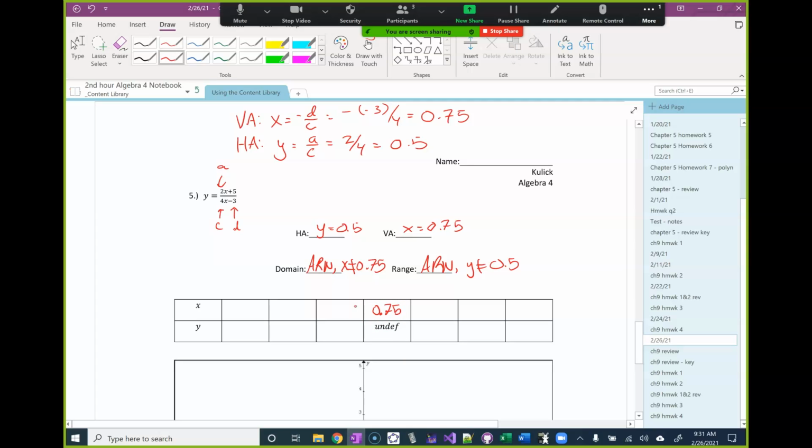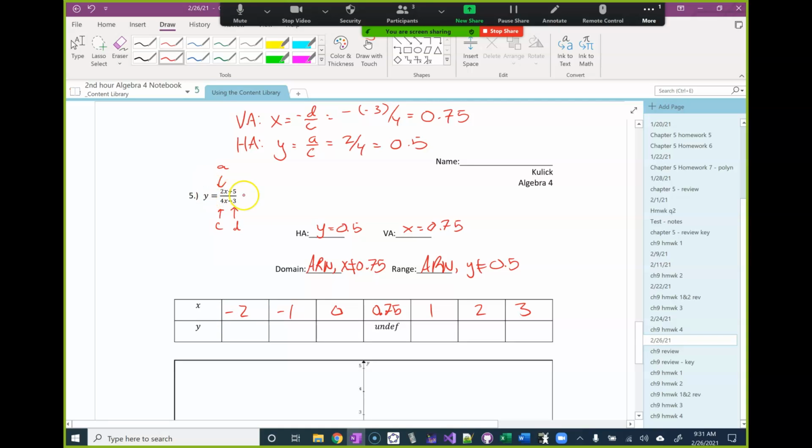So I'll put my vertical asymptote in the middle, and I'll pick some values bigger and smaller than it. And then I'll just plug these x's in to get their respective y's.